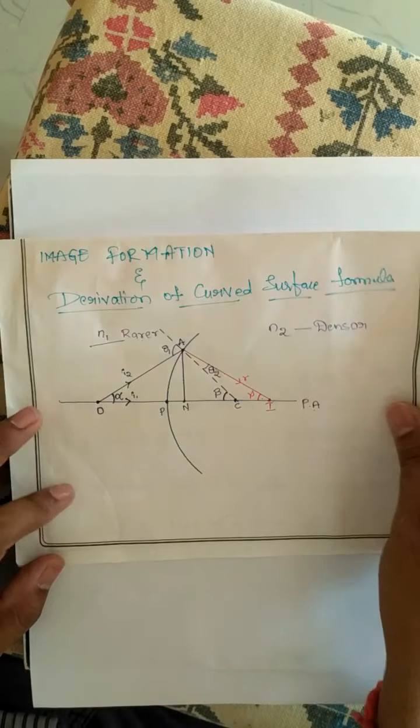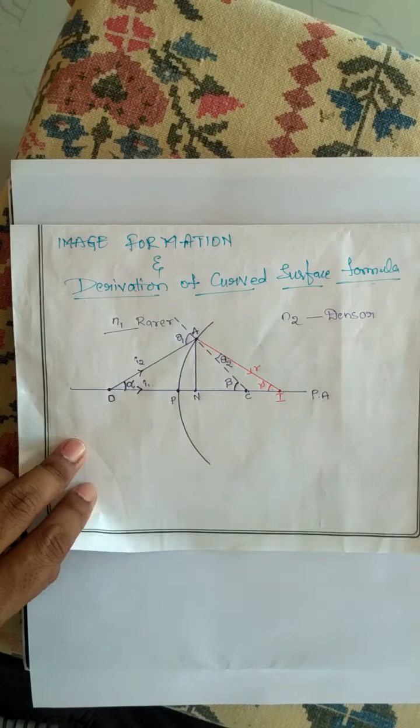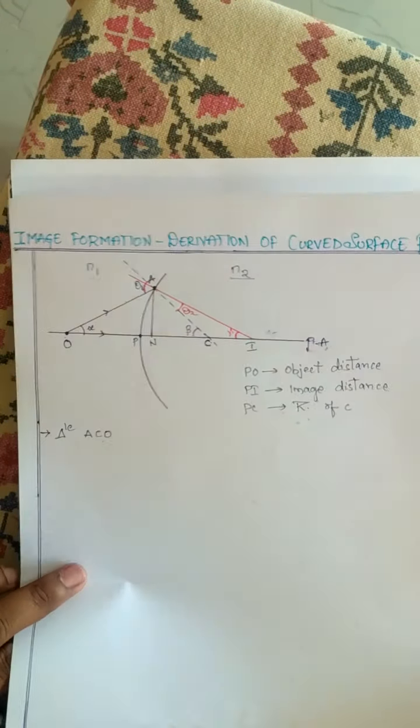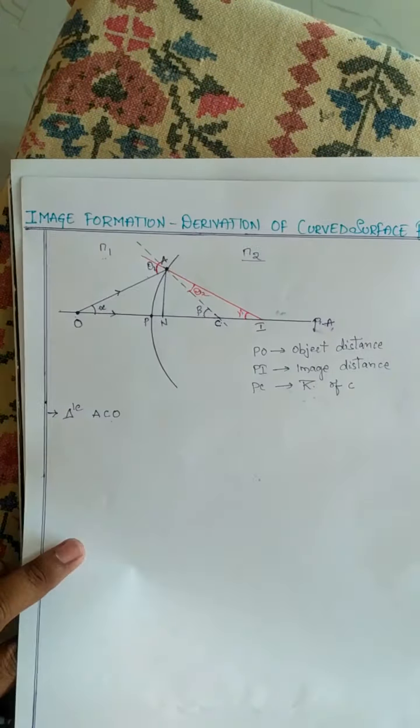Next, consider PO. We know here PO is the object distance, PI is the image distance, and PC is the radius of curvature.